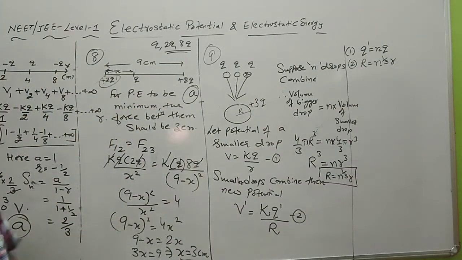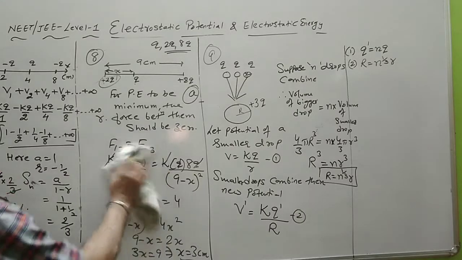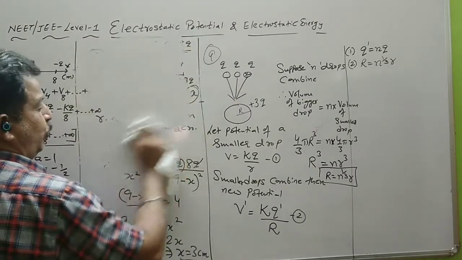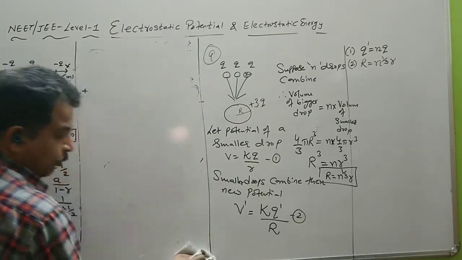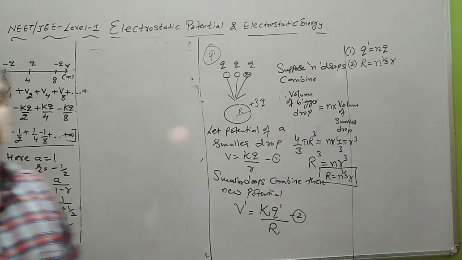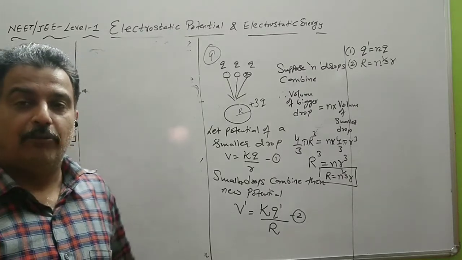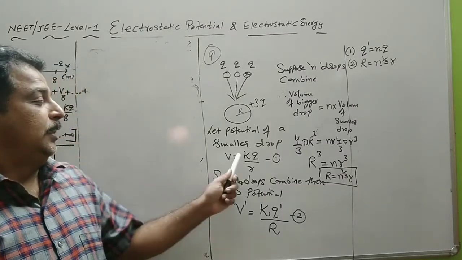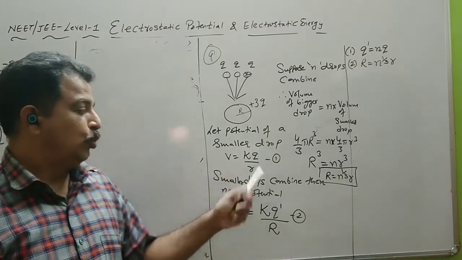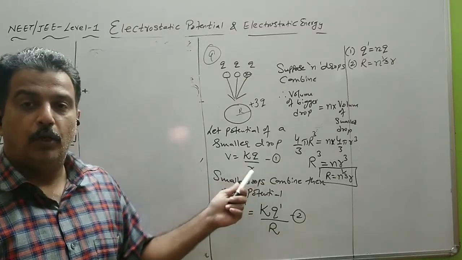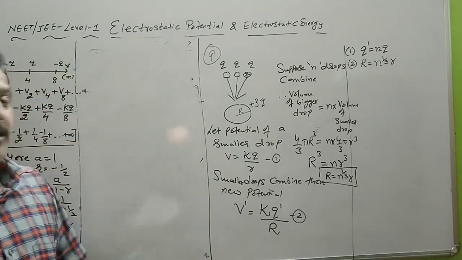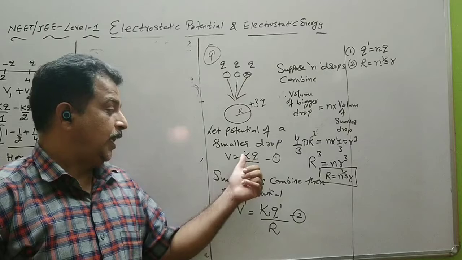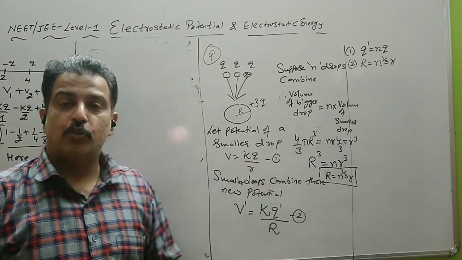Now in this MCQ, you have to find out the potential formula or the potential difference. Similarly, you can find out the relation for electric field intensity. If the electric field intensity is asked, initially you will write K Q upon r square.